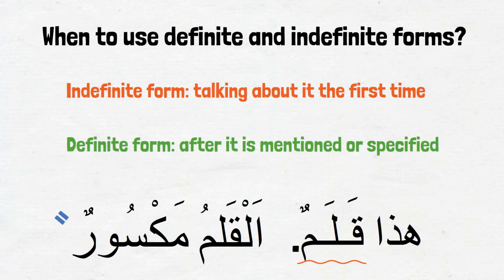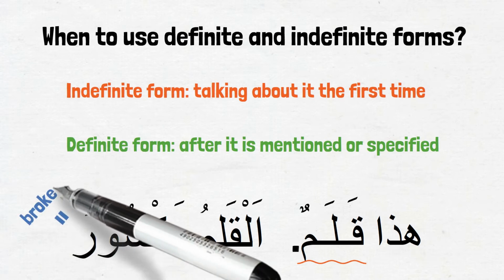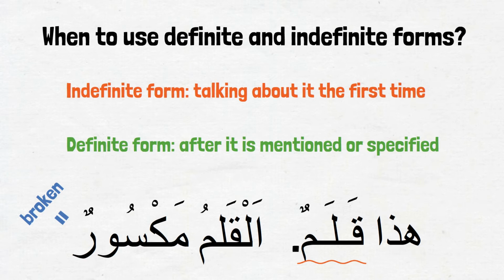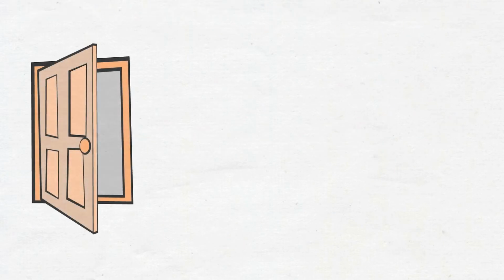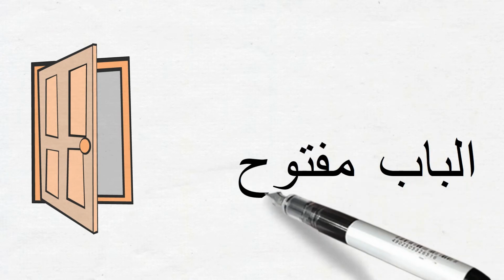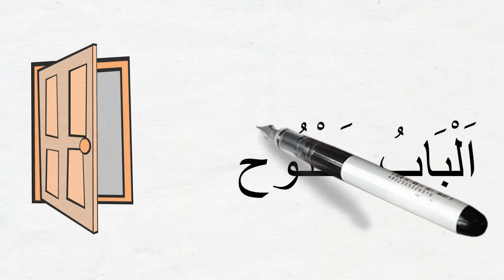مكسور is a new word here, which means broken. القلم مكسور means the pen is broken. So here, both the speaker and the listener know what specific pen is being talked about. That is why the pen القلم is coming in definite form in the second sentence. Similarly, if you already know which door we are talking about, we can say الباب مفتوح.